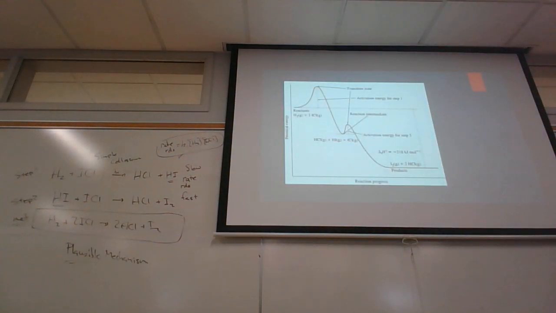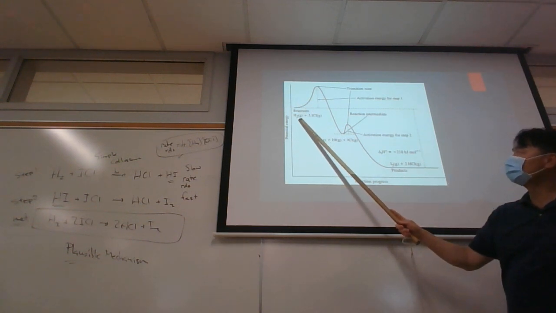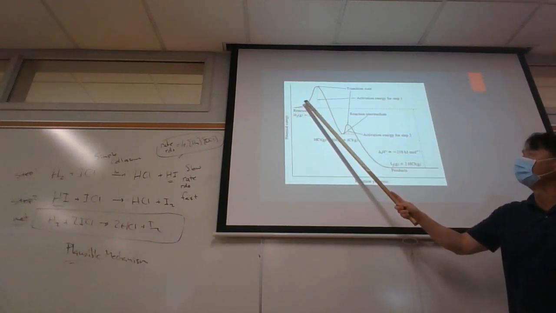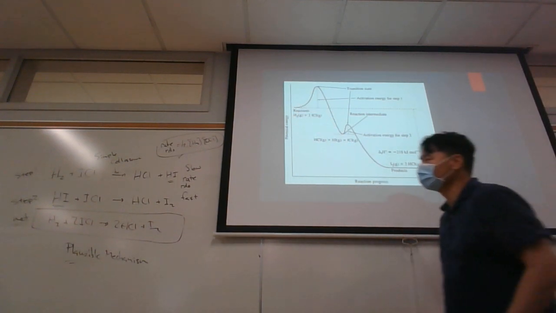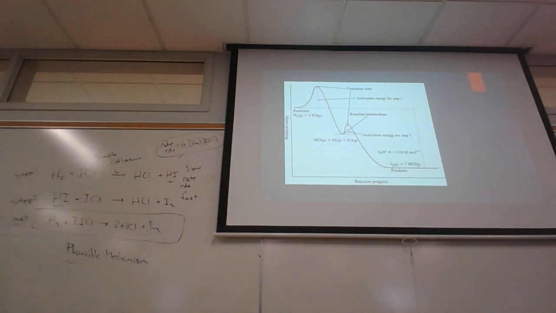Okay, looking at this here, the slow step is going to have the biggest hill to climb. And so if we have H2 and two ICls, we'll have an H2 react with one ICl. When the H2 reacts with one ICl, we're going to make a transition state. The transition state for this is going to be something like this, where we have the HH bond breaking, ICl bond breaking, and the HI bond forming, and the HCl bond forming.